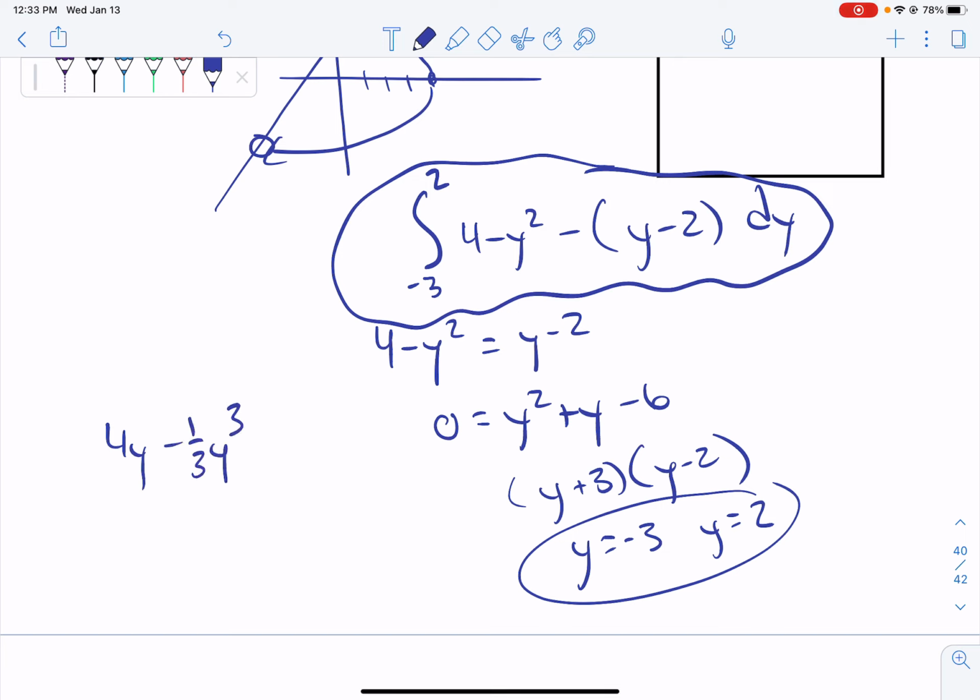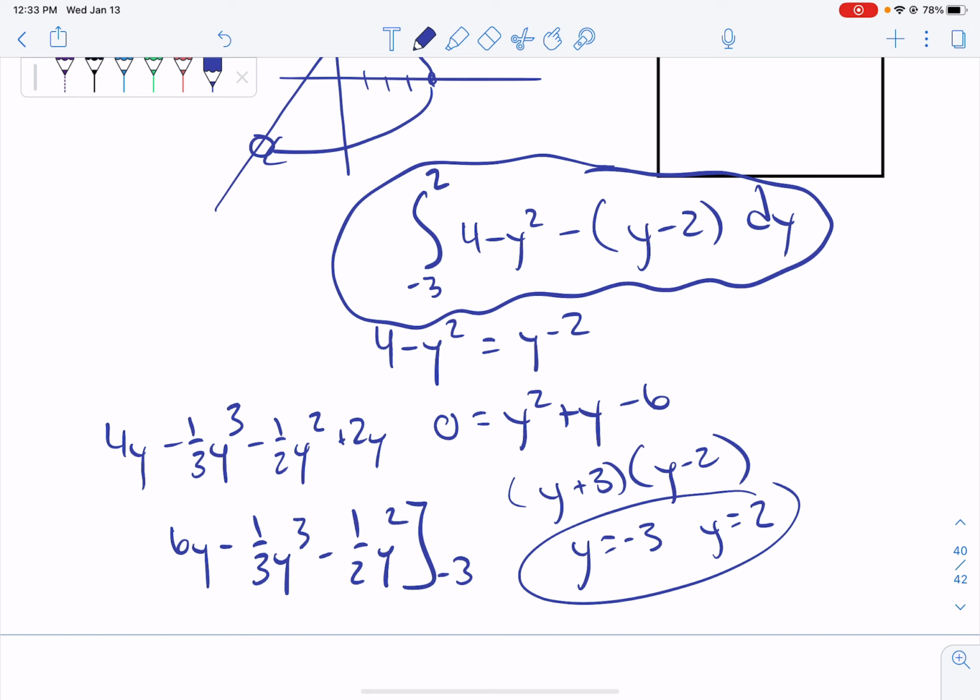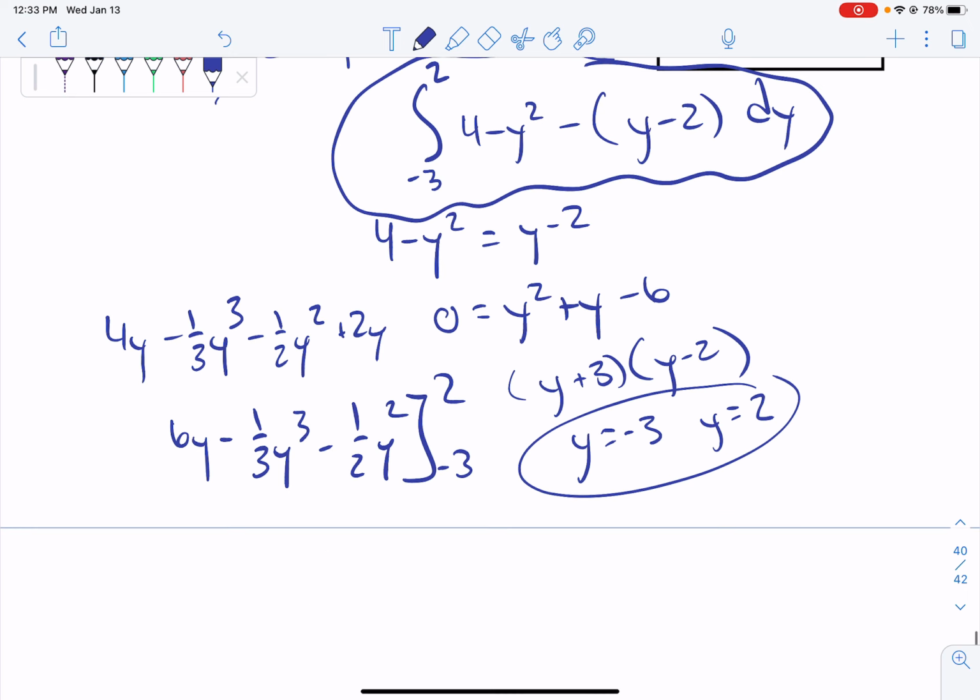And then this negative y is going to become negative 1/2 y squared. And that positive 2 is going to become plus 2y. And those cancel out, and you end up with 6y minus 1/3 y cubed minus 1/2 y squared, evaluated from negative 3 to 2. So you could do that. You can do it by hand, plug in all the numbers, go through all the work.